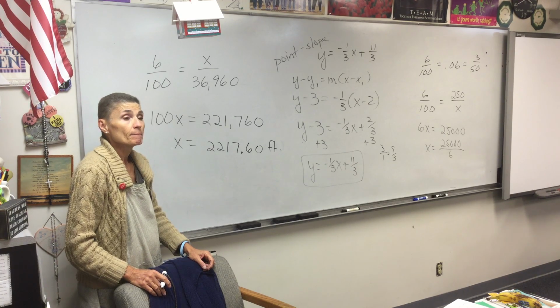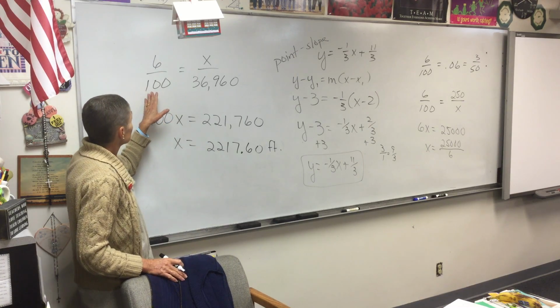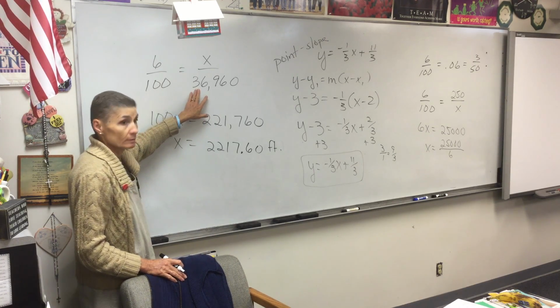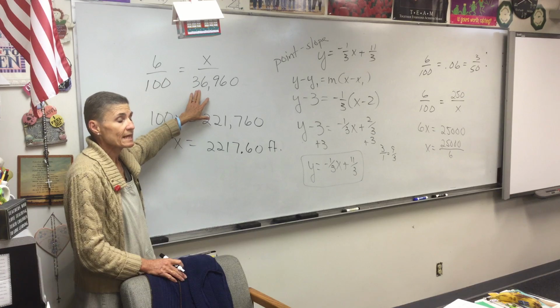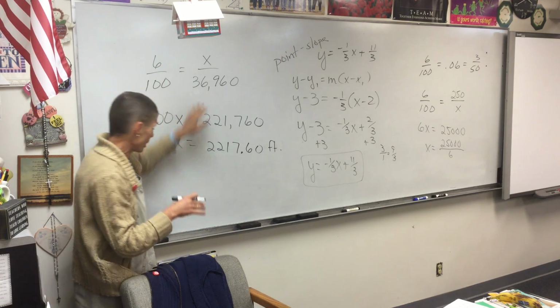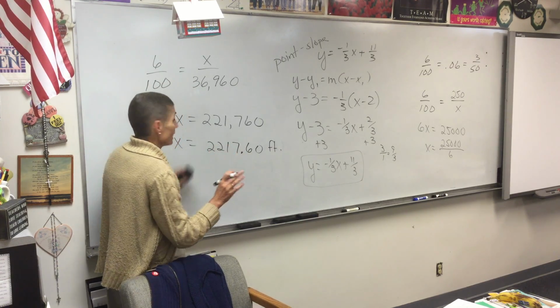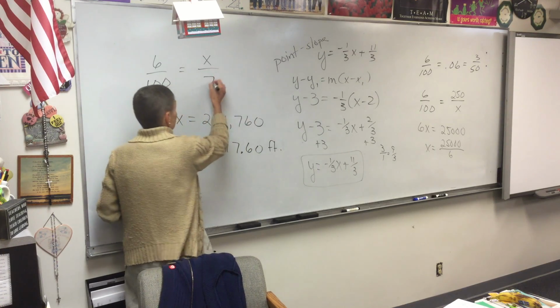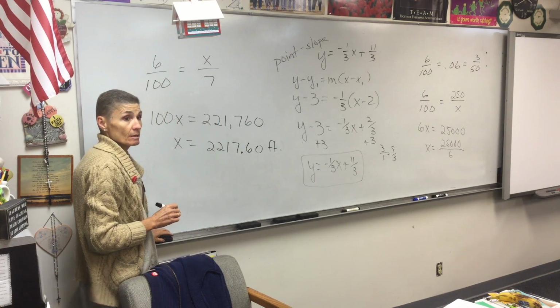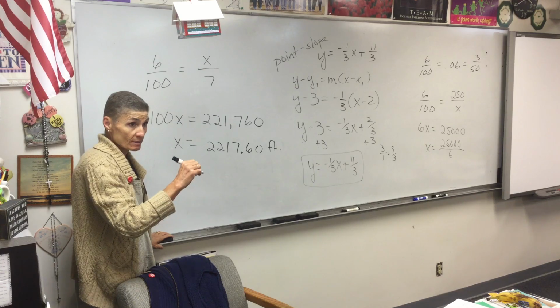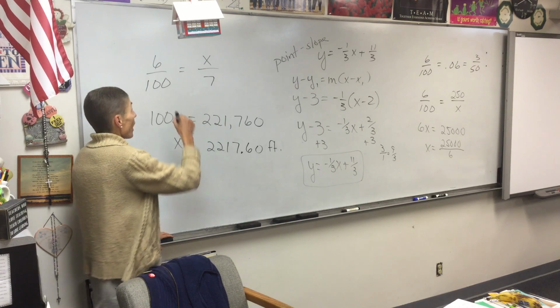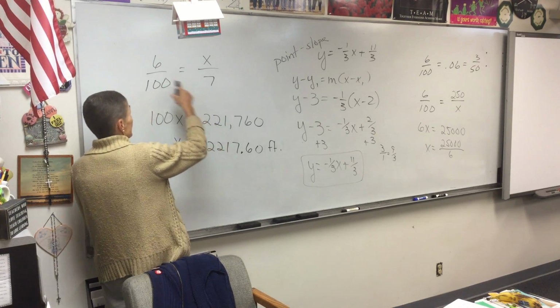What was the number on the bottom of this tab? Like 36,960. What was that? Okay, in the original problem, the horizontal was a 7. Right? Didn't it say 7 miles? Yes. Okay, so I could go ahead and do that, Sam.